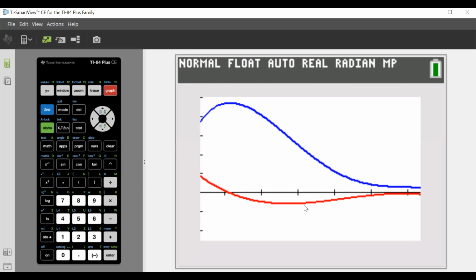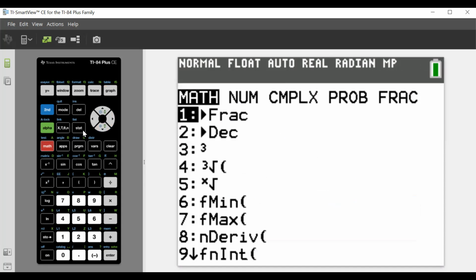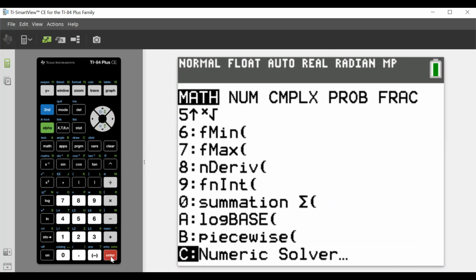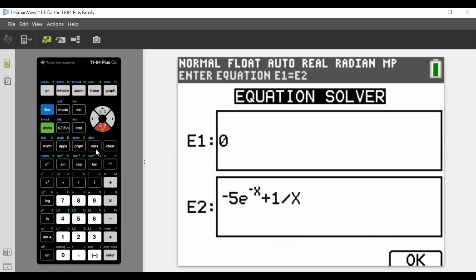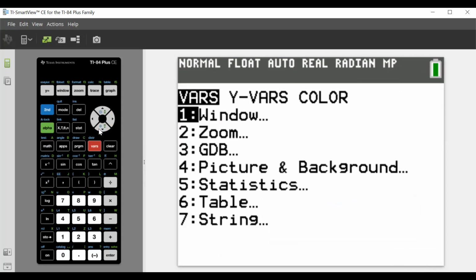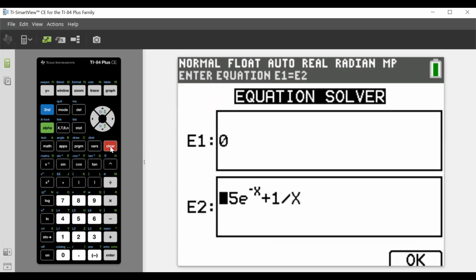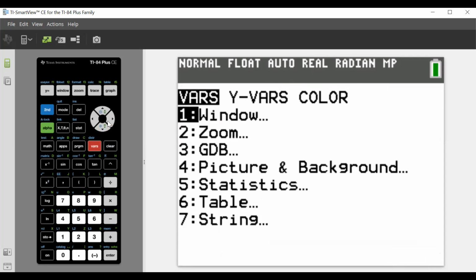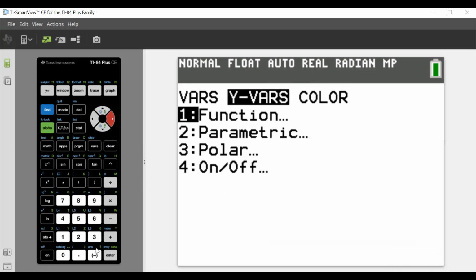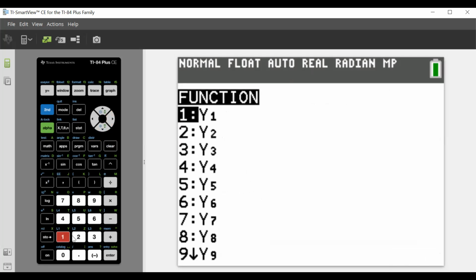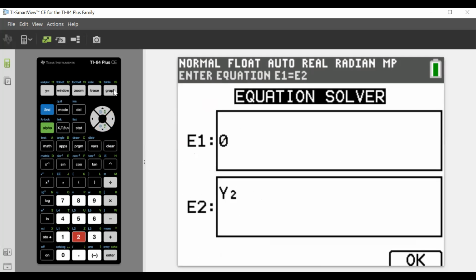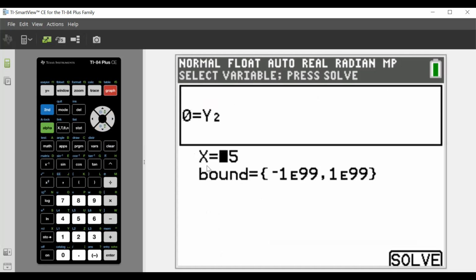And so what we need to do then is numerically solve again, okay? We're going to set it to 0. This time, let's clear that out and put in just the derivative that we took. Then we find where that derivative is 0.